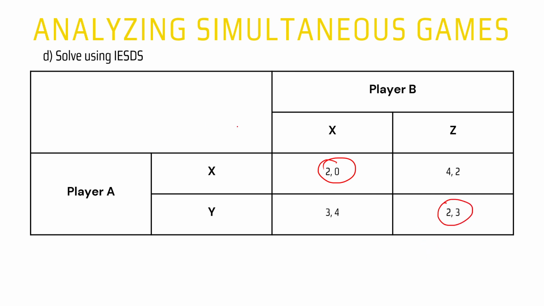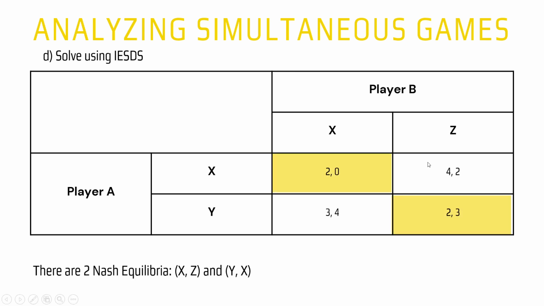And the same goes for player A. (2, 0) will be the losing strategy for player A as well as (2, 3). So we can eliminate (2, 0) and (2, 3). Therefore, we are now left with (4, 2) and (3, 4), which are the Nash equilibria of this game, which are the strategies X, Z and Y, X. These are the same as the answers that we got earlier at letter C. So whichever method we use, we should still arrive at the same Nash equilibrium.